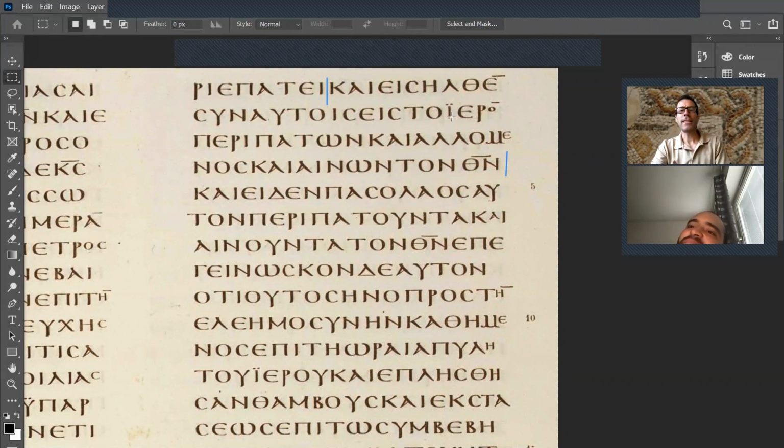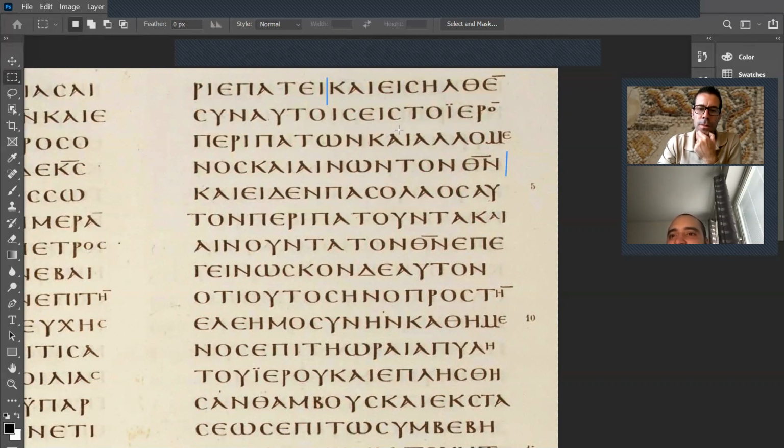Okay, and he entered with them into the temple, walking and leaping and praising God. Let me explain the words now. Entered: aorist, third person singular. With them: dative plural masculine.